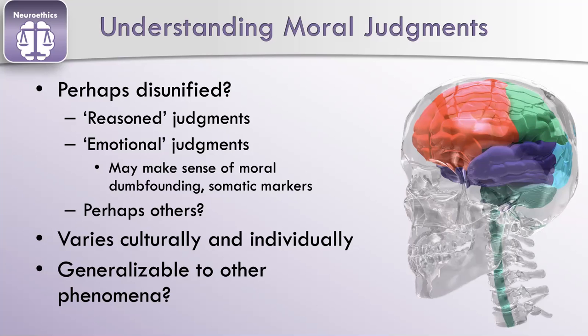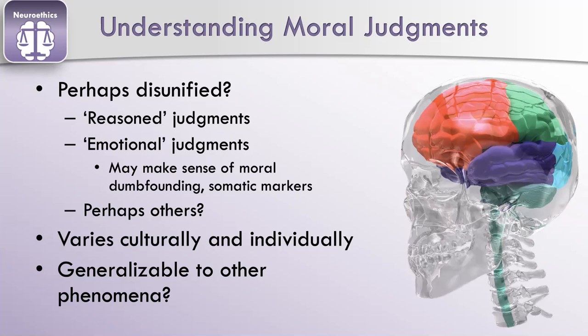We also saw that they varied culturally and individually, and cognitive load seemed to have quite a bit of an effect on reasoned judgments, that is, utilitarian type judgments, and not so much on emotional judgments. So people did not come to utilitarian conclusions after thinking about pushing a person off a bridge. They had to work themselves into it if they ever did change their mind. But if you're just doing the math, emotion actually doesn't come into play at all.